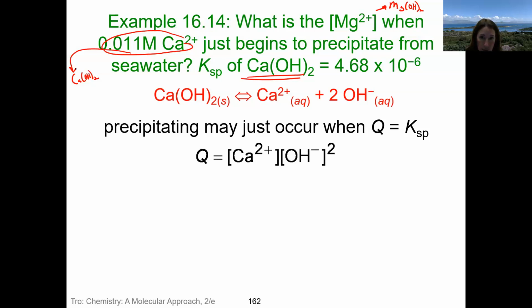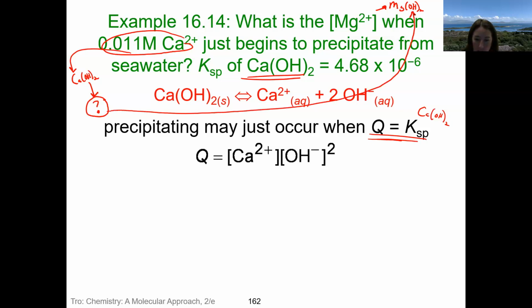So when calcium hydroxide just begins to precipitate, that's when Q equals K for Ca(OH)2. That's when it precipitates. So if we can figure out the concentration of this OH, then we can plug it in here and use this KSP to figure out the concentration of magnesium. So it's kind of like one goes to another, goes to another.